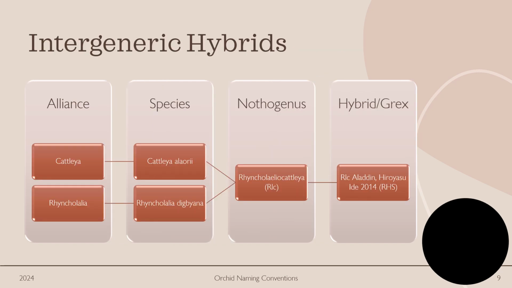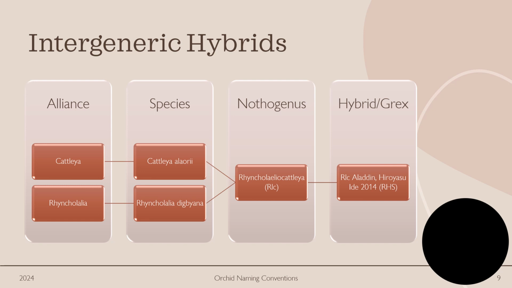Earlier on, I was talking about the idea of where in horticultural trade and within orchidists, hobbyists, we use the term orchid alliance. And this is where we group together orchids that are from very similar genus, very similar families together and call that an alliance.